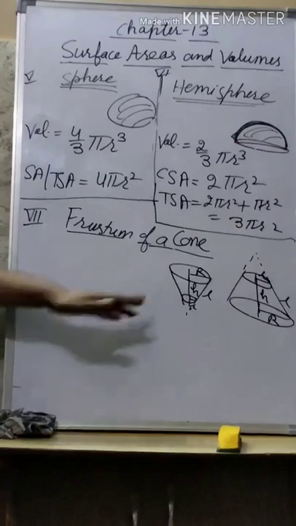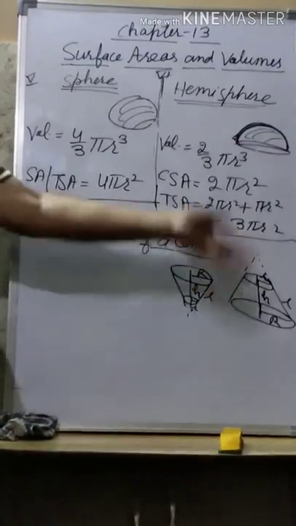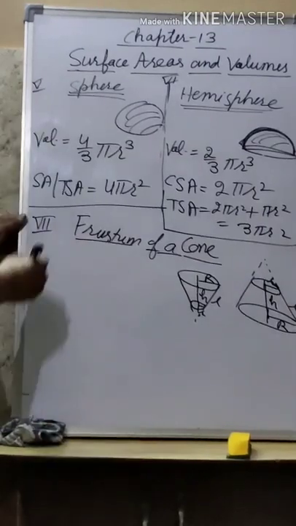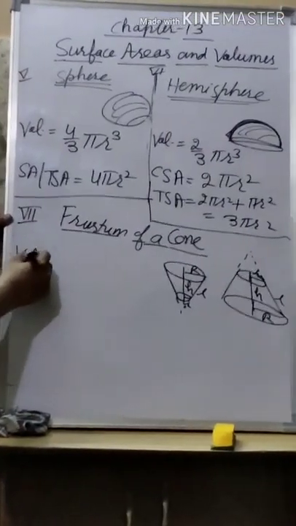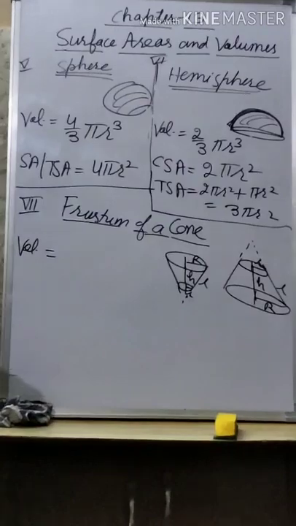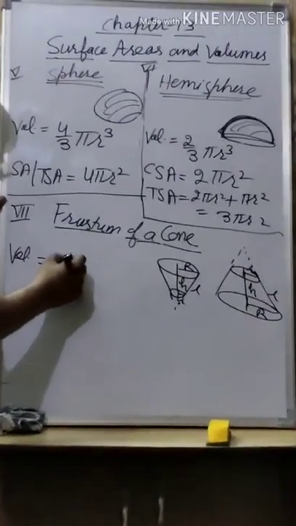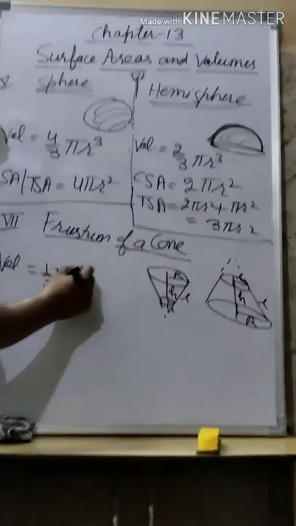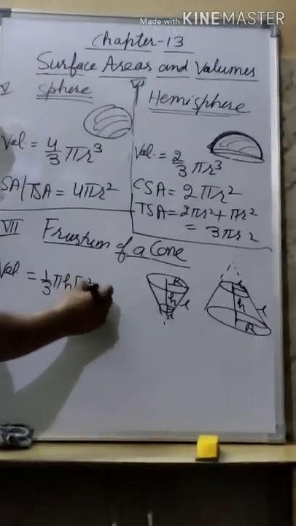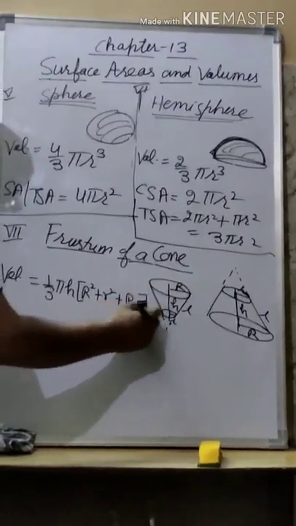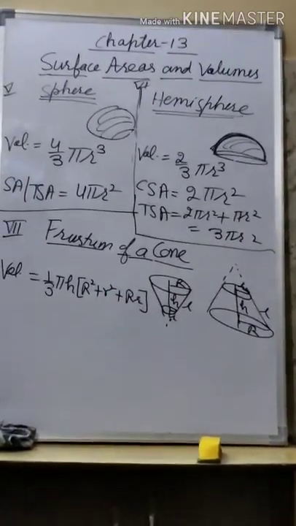As you know the formula of cone, this is the modified formula of the cone. Volume of frustum of cone: you learn this, that is 1 by 3 pi h into capital R square plus small r square plus capital R into small r.